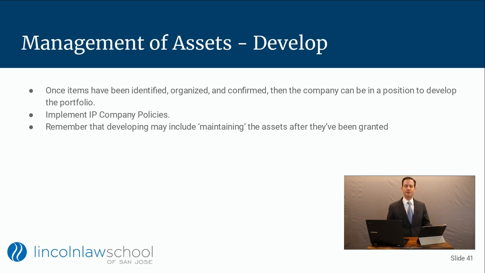For example, it doesn't make sense if, let's say that you're a company and you own 100 patents, and 20 of those patents relate to technology that was relevant 10 years ago, but which 5 years ago was phased out. In other words, the market decided to take a different direction. Therefore, maintaining those assets may not make sense.